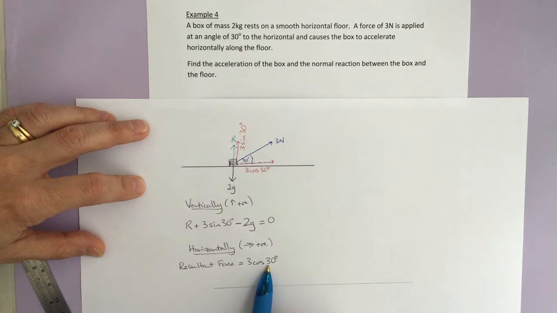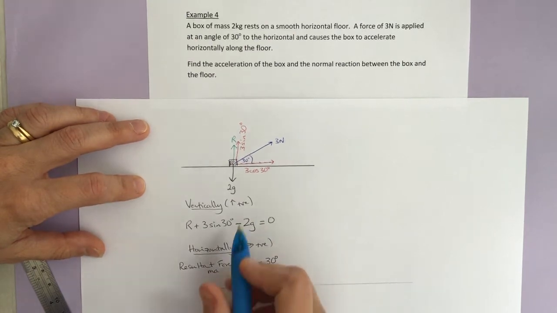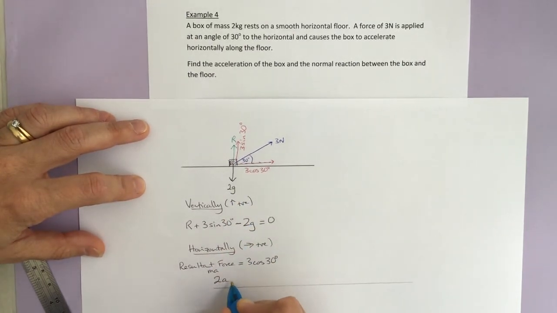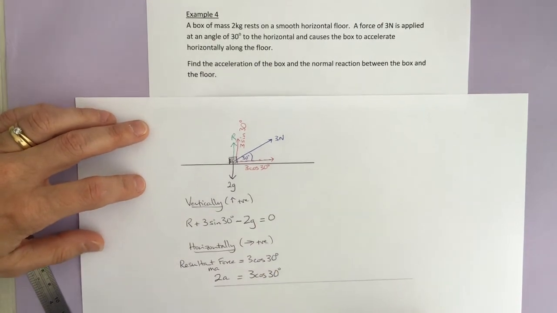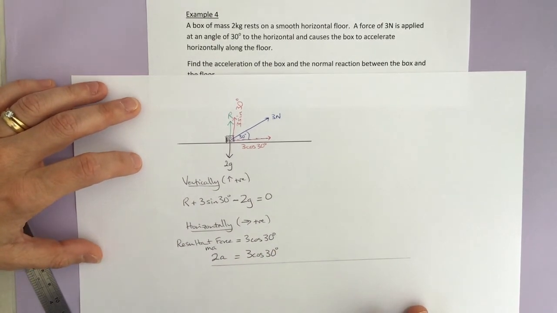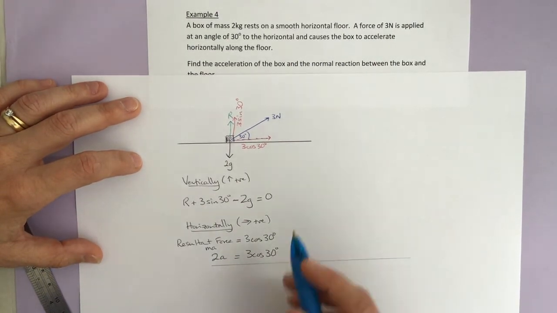So what's that going to be? That's going to be mass times acceleration. My mass is 2, so 2a is going to be 3 cos 30 degrees. So there's my 2 equations, and actually now I can answer these questions really quite easily.